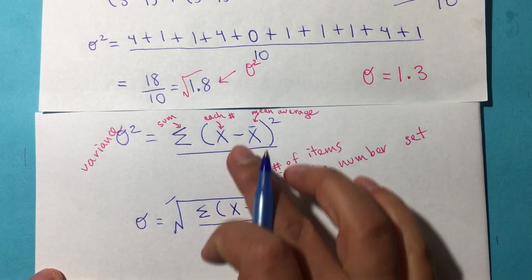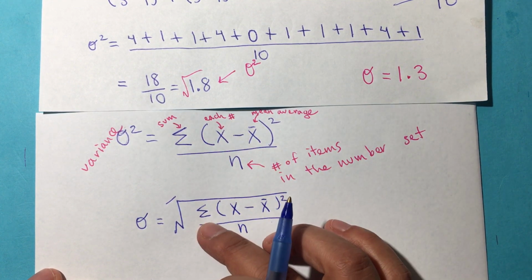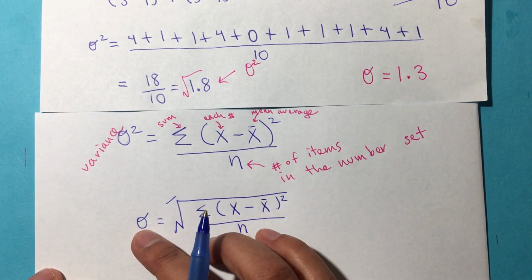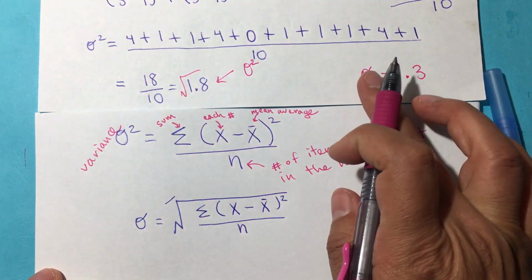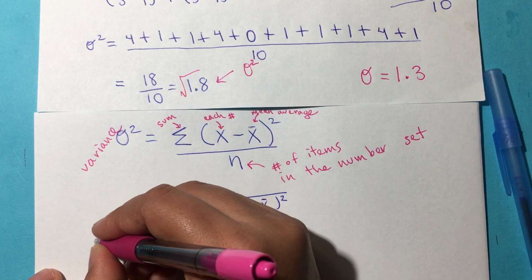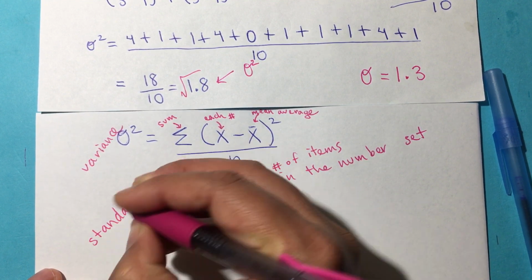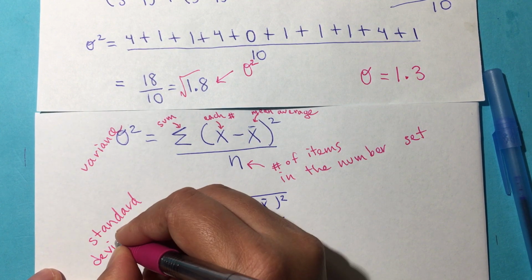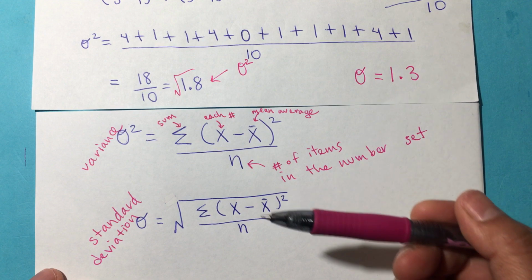So what's the difference in here? This doesn't have the square root. For sigma, or the standard deviation, you have to take the square root, which is the last step we did for each set. So this is standard deviation. I think it's easier to understand the formulas when you actually do all the process.